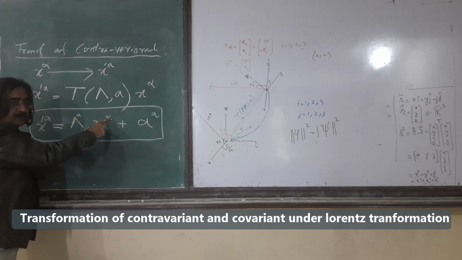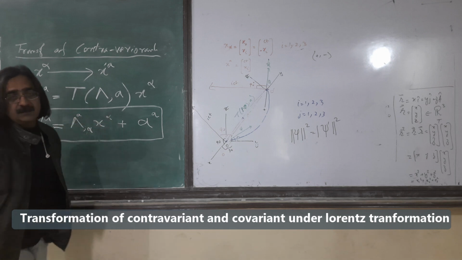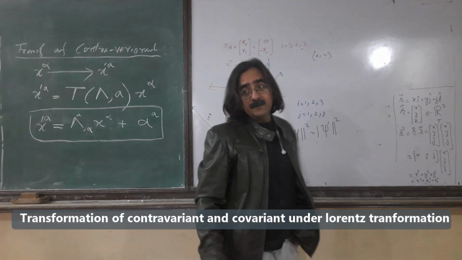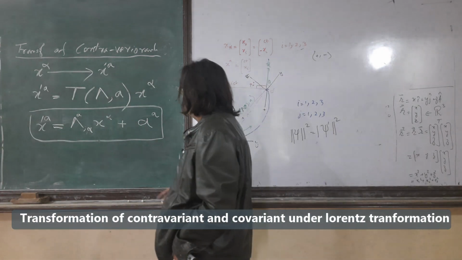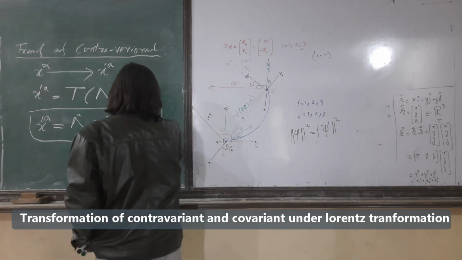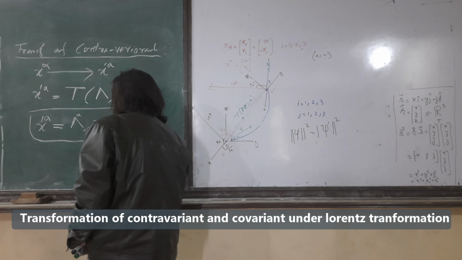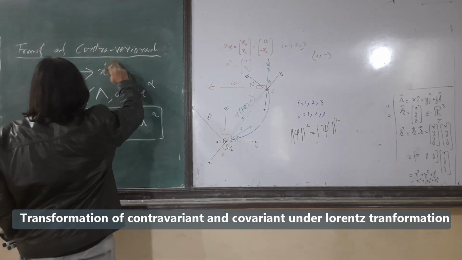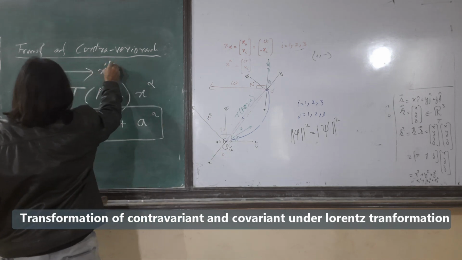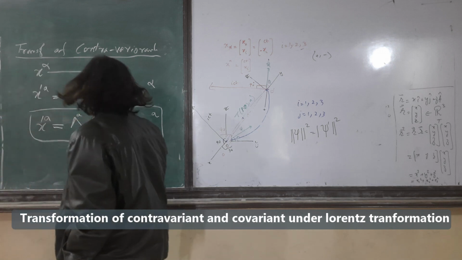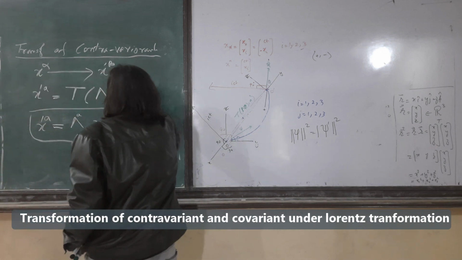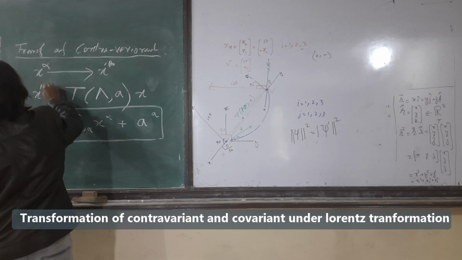Covariant will be contracted with the column, the column will be contracted with the row. Yes, A. If you are confused by this, for the time being you may replace this with a beta. I told you that it can be represented by any indices. If you are confused with this, you may say that this is a beta.